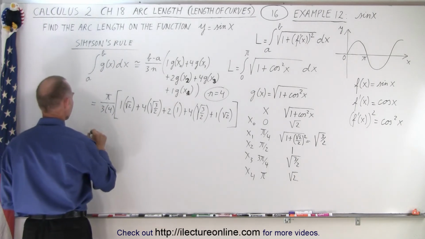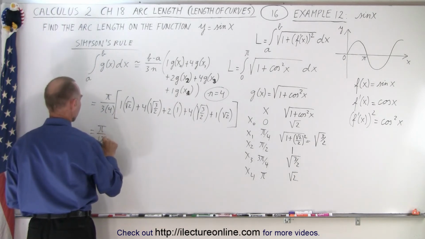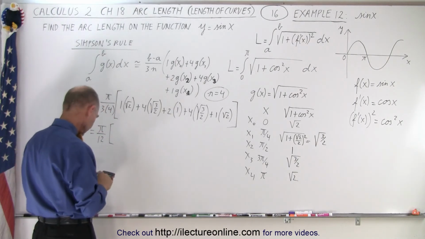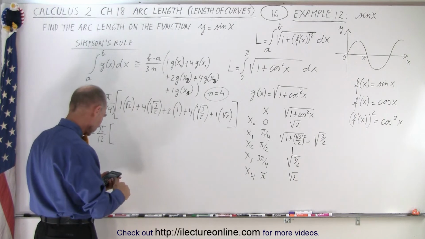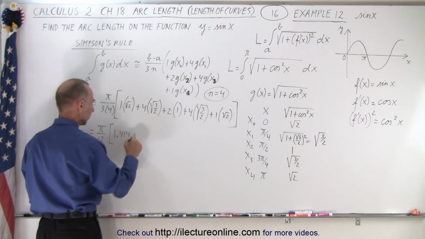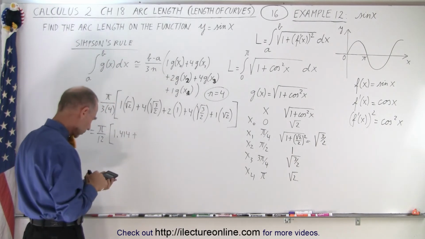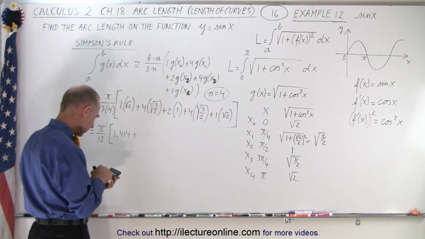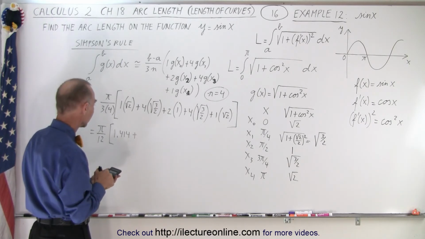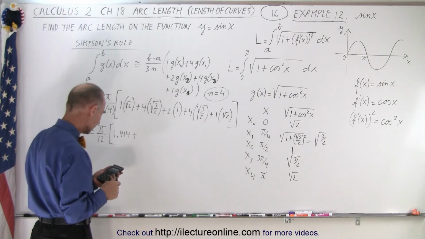All right, so this is equal to pi divided by 12 times the square root of 2, which is 1.414, plus 1.5, take the square root, times 4. Oh, I didn't get my intermediate value.